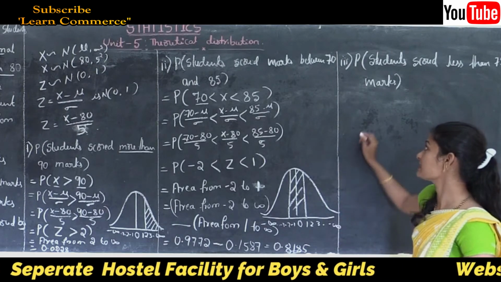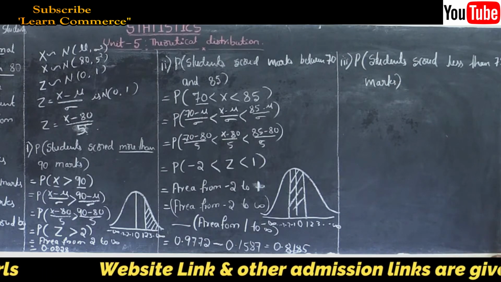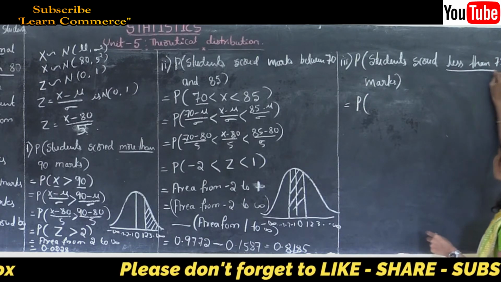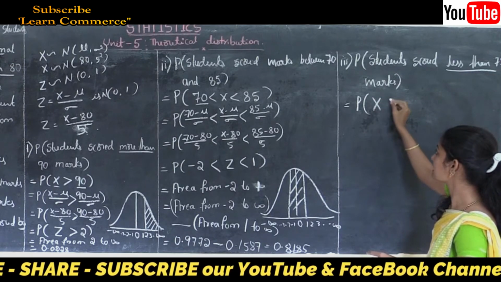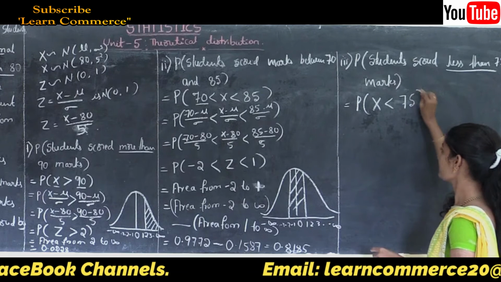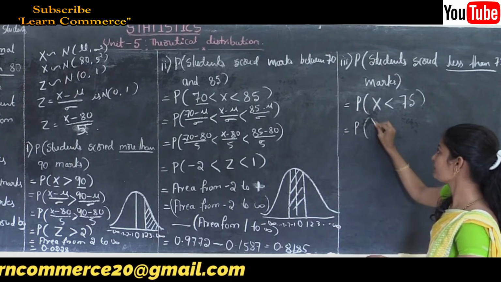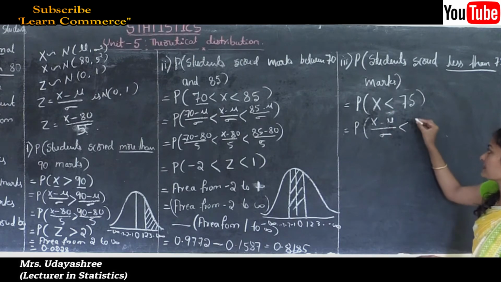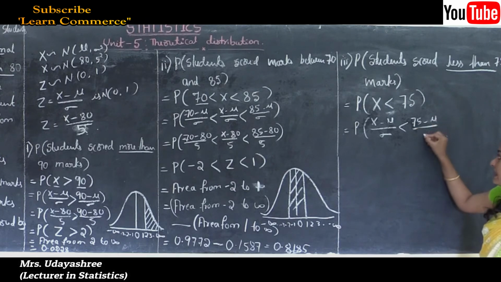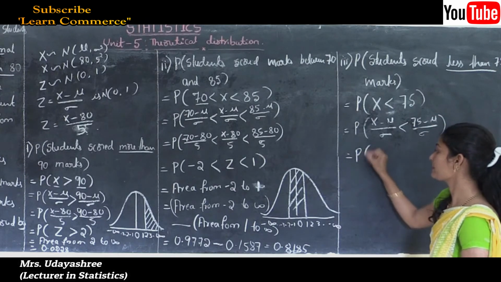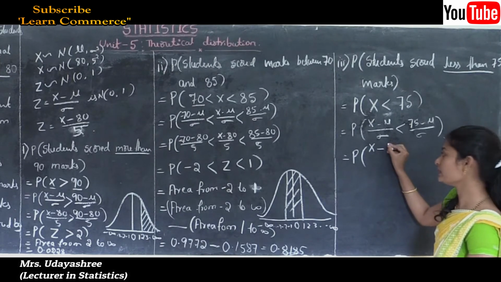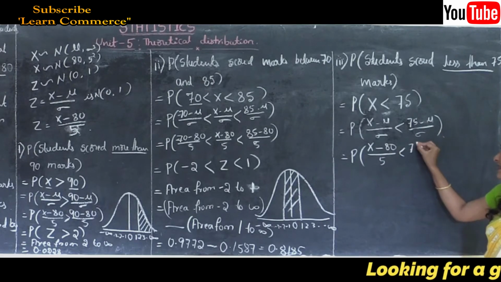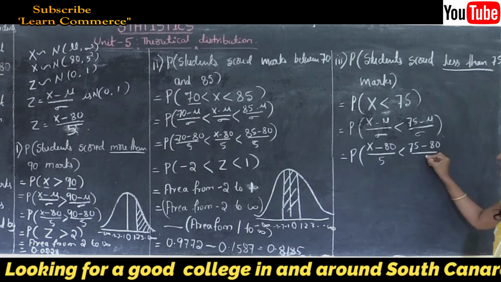Next let's see the third sub question, that is the probability of students who scored less than 75 marks. This is the probability of x less than 75. This is equal to the probability of x minus mu divided by sigma less than 75 minus mu divided by sigma.